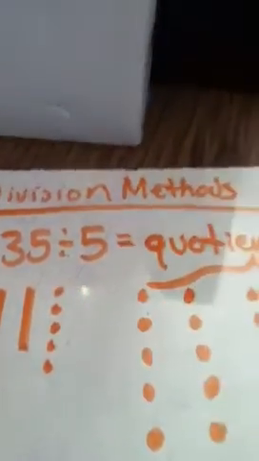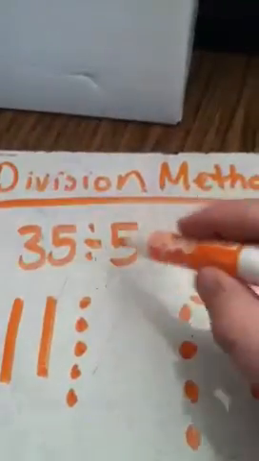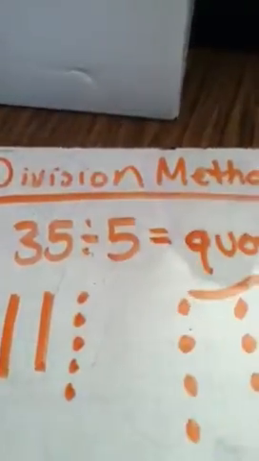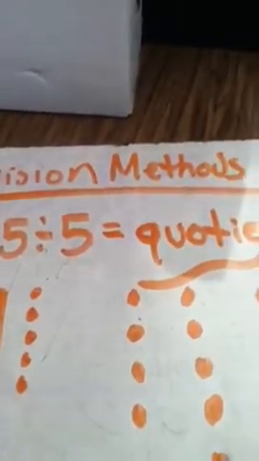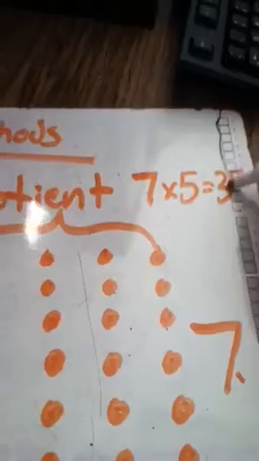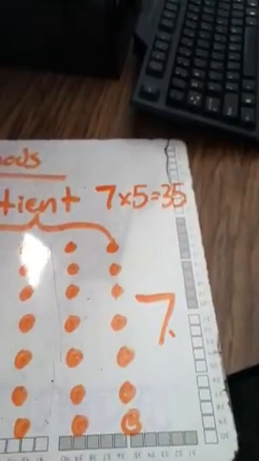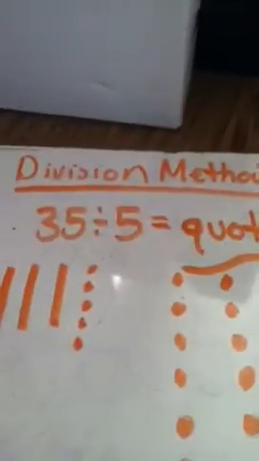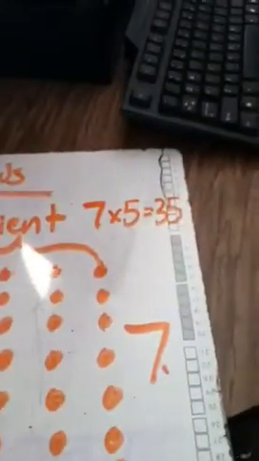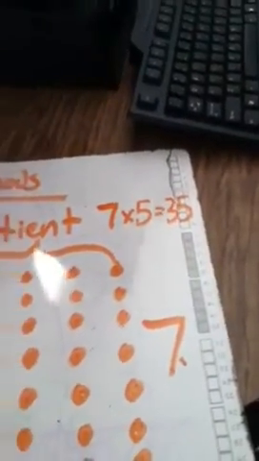I can take the 7 and then take my second number, the 5, the smaller number, put it down, and then multiply it. So I have 7 times 5 is 35, and that should give me my first number in my problem, and then I know my answer is correct.